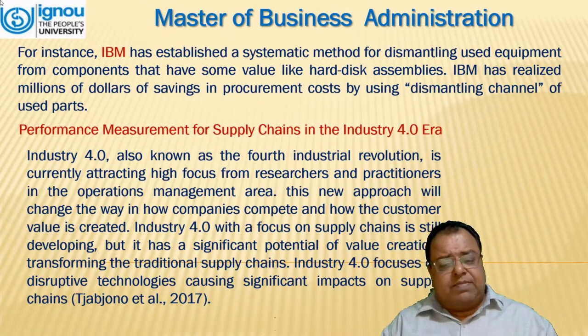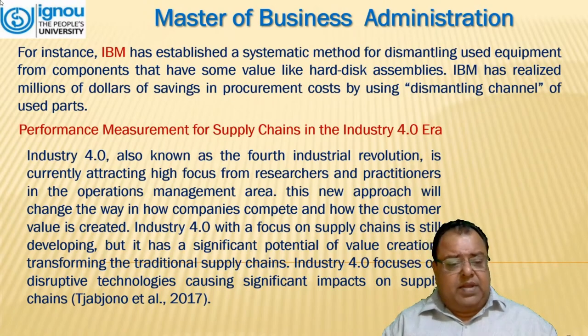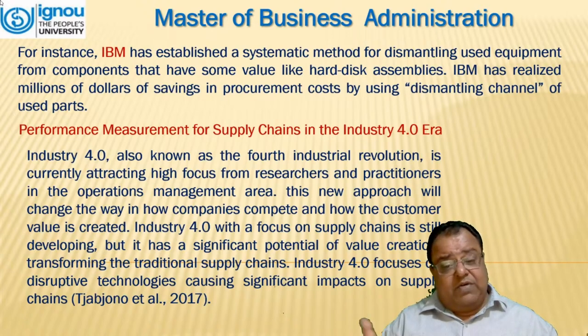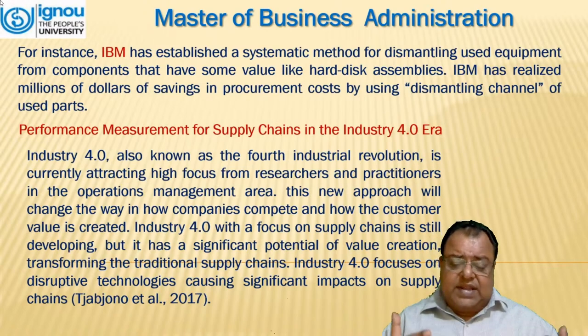with a focus on supply chain, is still developing, but it has significant potential of value creation, transforming traditional supply chains. Industry 4 focuses on disruptive technologies causing significant impact on supply chains.